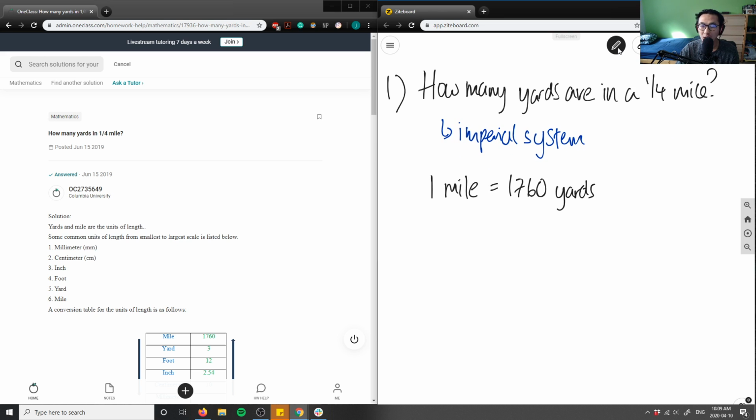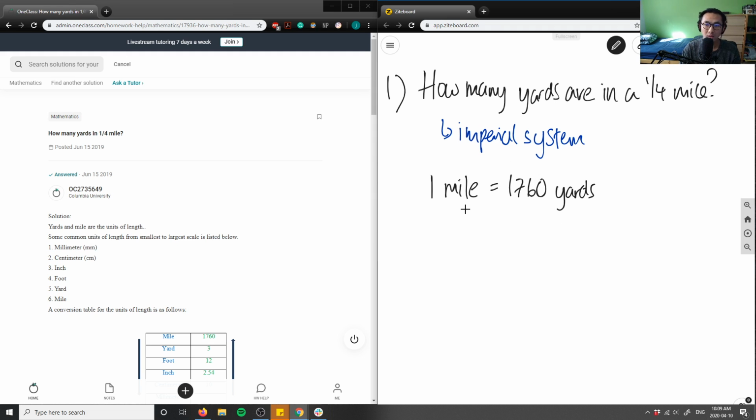So if I were to solve this problem, not looking at the solution on the left, how I would approach it is this. If I'm using this equation to help me solve for it, I can take this 1/4 and multiply it to both sides.